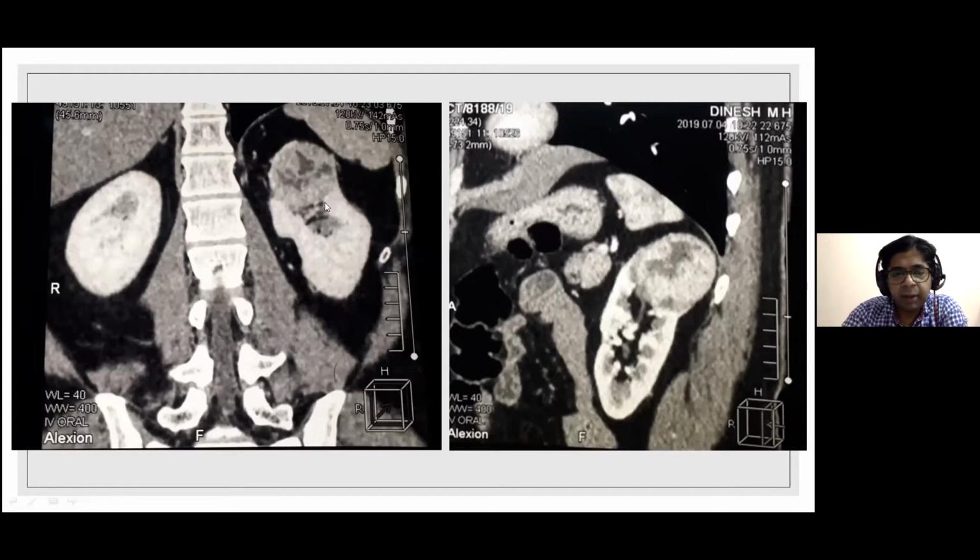The first thing is I want to discuss, according to the available facilities, the mode of surgery, that is open versus laparoscopic partial nephrectomy, and if it is a laparoscopic partial nephrectomy, I want to discuss the conversion to open as well.